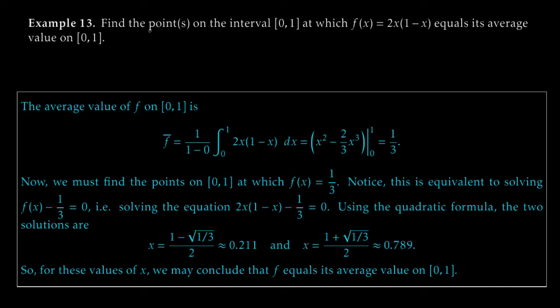So, let's find the points, maybe points, on the interval from 0 to 1, at which the function f of x equals 2x times 1 minus x is equal to its average value on the closed interval from 0 to 1. So, first thing first, let's find out what the average value of the function on the closed interval from 0 to 1 is. So, f bar, the average value, is just going to be 1 over the length of the interval, which is just 1 minus 0.